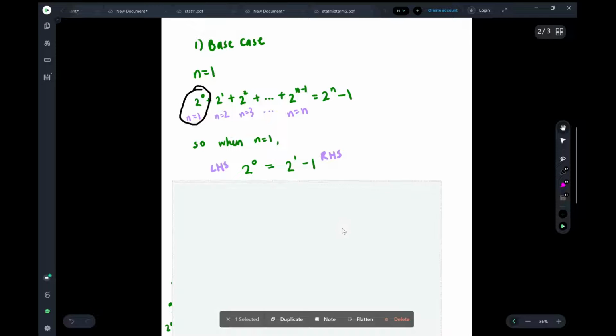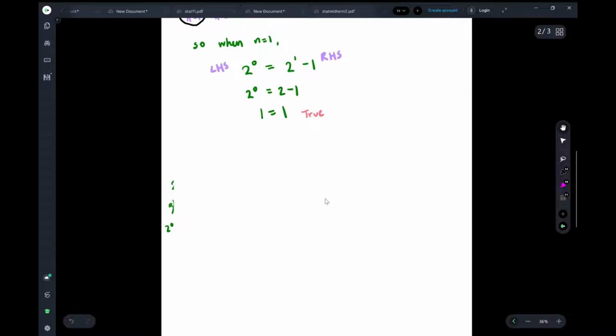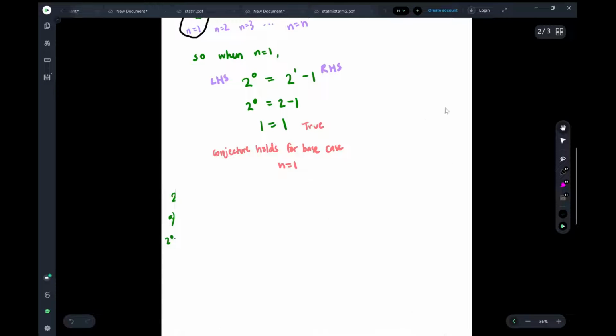Simple. Then we simplify, and we get 2^0 = 2^1 - 1, which is 1 equals 1, a true statement. Since we have a true statement, the conjecture holds for the base case when n equals 1.